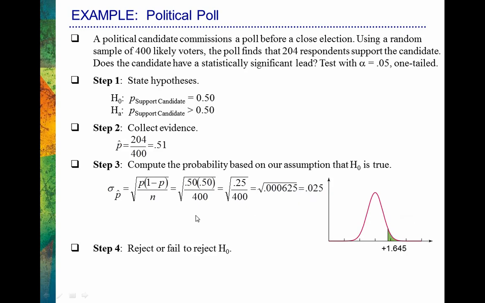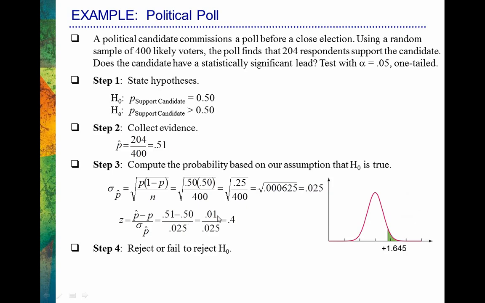So once we find our standard error, we know that we can then feed that into our formula for z. So now we know how much the sample proportions differ on average. Let's see how big the difference is between our sample proportion and the population proportion, which is based on that null hypothesis. Our sample proportion was equal to 0.51. We computed that right here. And of course, the population proportion based on the null hypothesis was equal to 0.50.